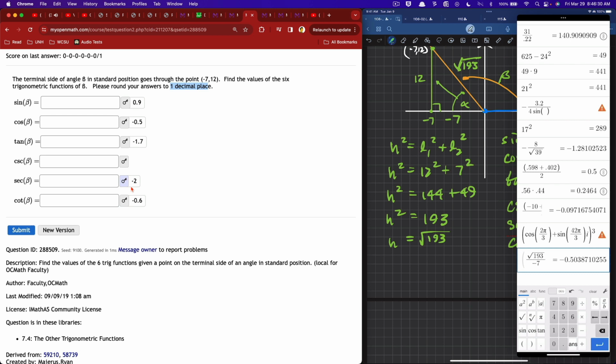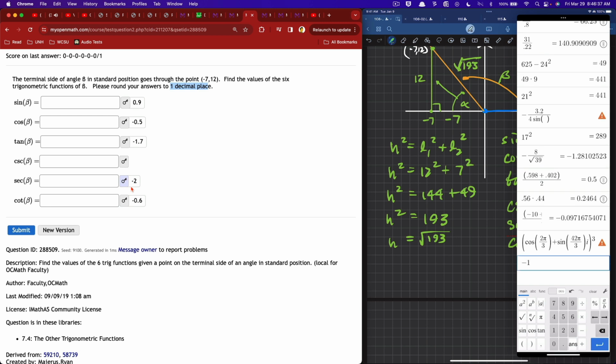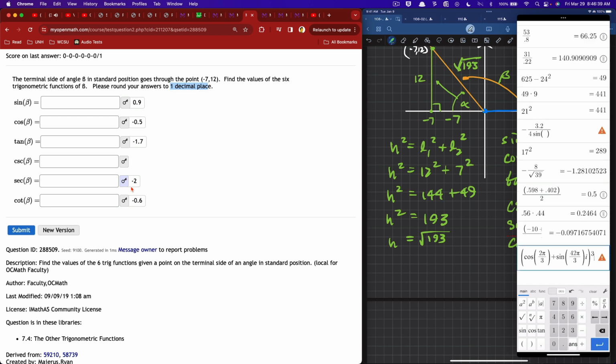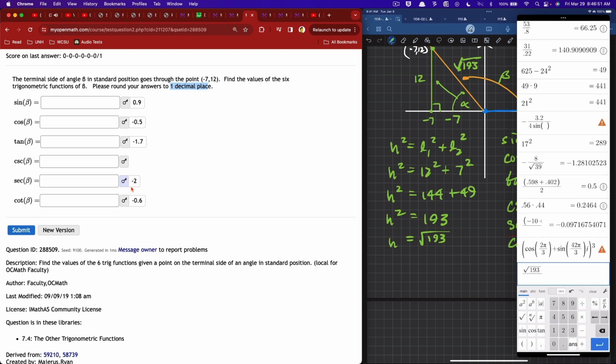Maybe I should do this from scratch. Oh, because I already inverted it and then inverted it again. Dummy. Good morning. Square root of 193, divide that whole thing by -7. Yeah, -2, because when you round the 8 to 9, it goes to -2. Then we have to do this over 12 to get -1.2 here. So hopefully that helps.